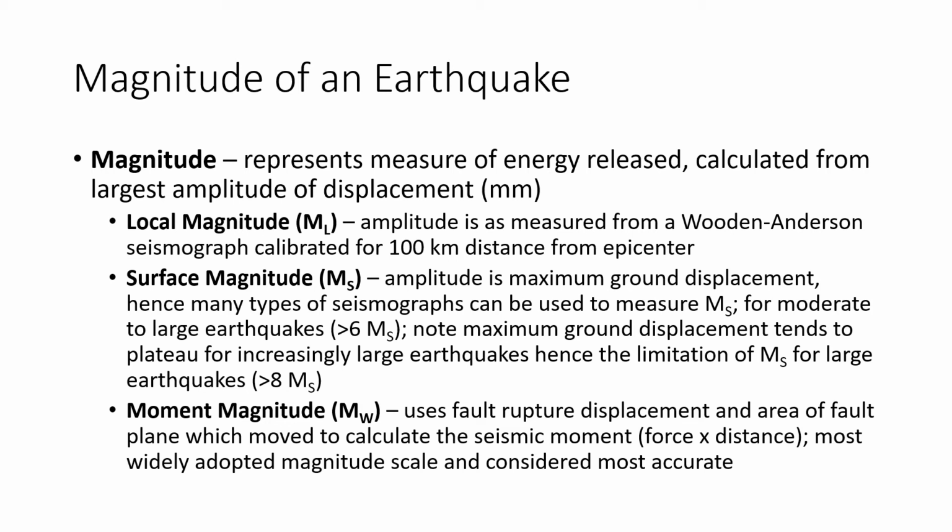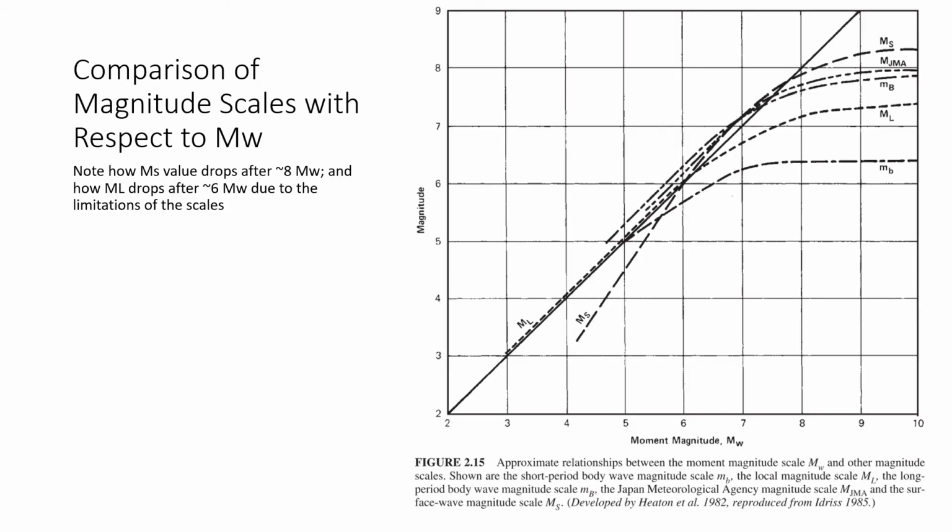Now, in terms of convention or standards, the most widely adopted scale is the moment magnitude scale. Just to see how the different scales relate to each other, we have here a plot of different magnitude scales versus your moment magnitude. The x-axis is the magnitude using different scales like local and surface magnitude scales, and the y-axis is your moment magnitude.